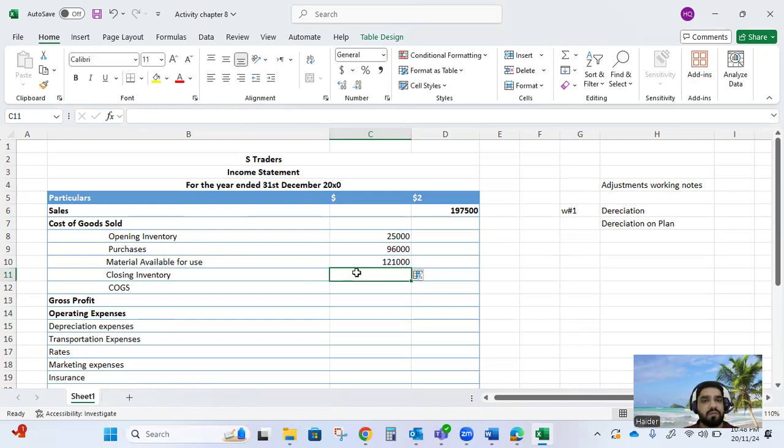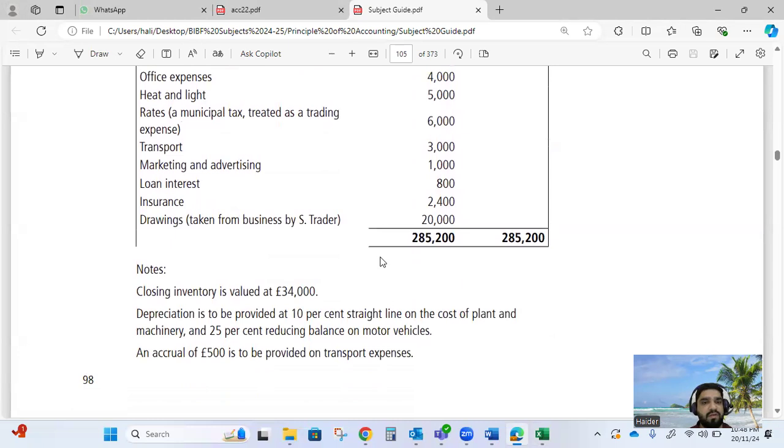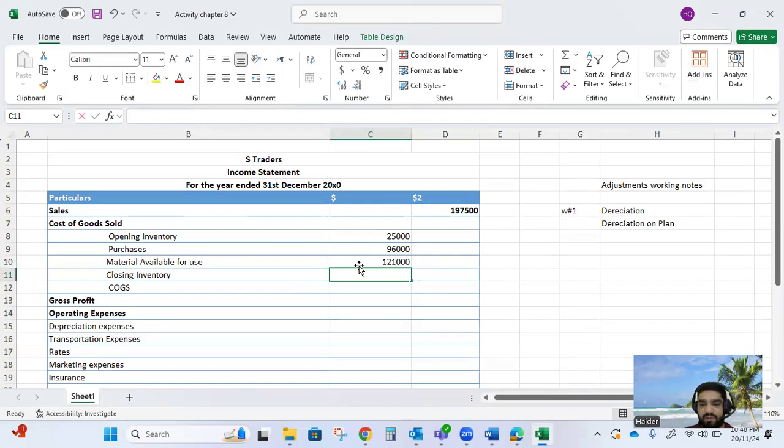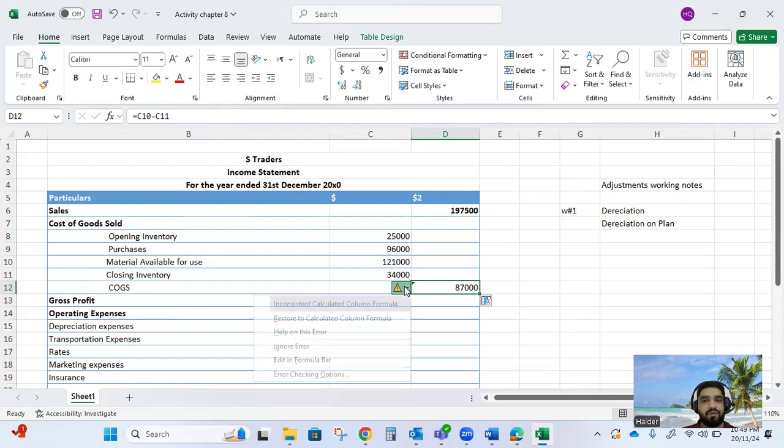And we need information about the cost of closing inventory. Closing inventory is given after the trial balance. This was 34,000, so place this 34,000 here. And then how to calculate the cost of goods sold? It is equal to the goods available for sale minus closing inventory, so it is 87,000.